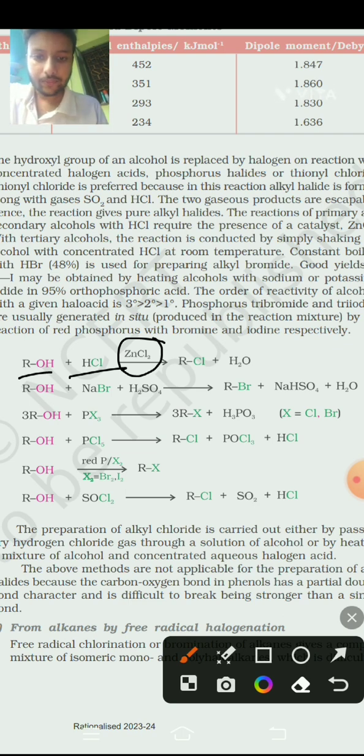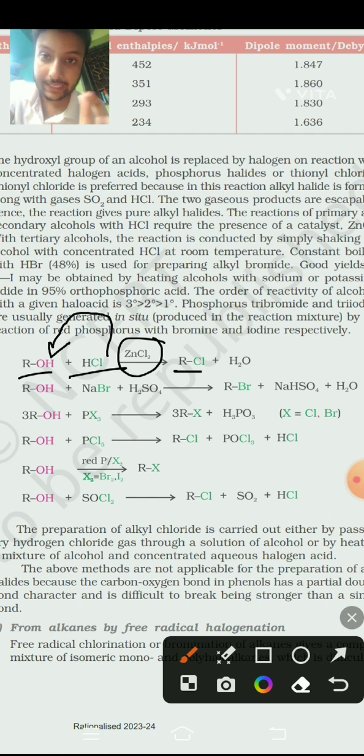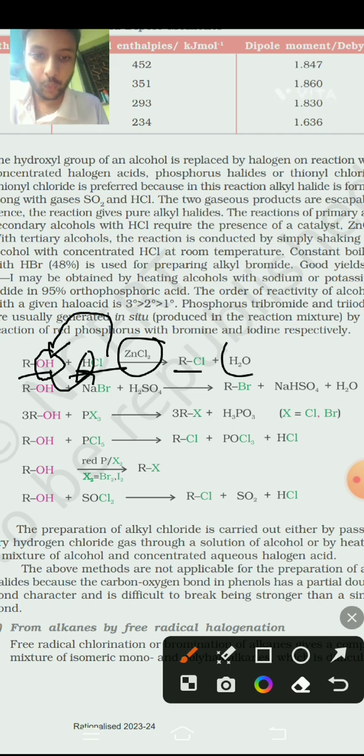It will form RCl, means the Cl from HCl will replace OH from ROH and sit beside R to form a haloalkane, and the remaining H and the OH which was replaced previously will combine to give you water as a byproduct. Clear? Very easy.